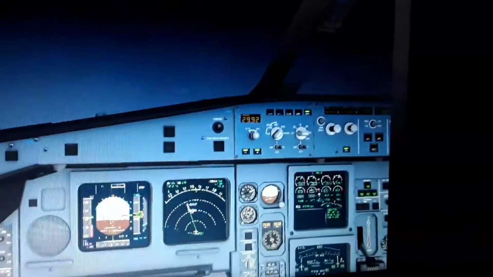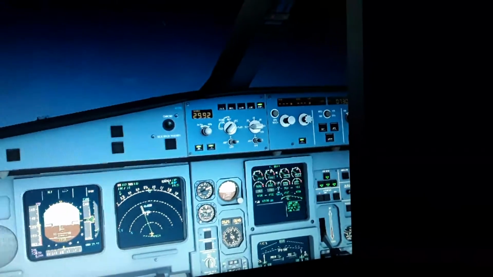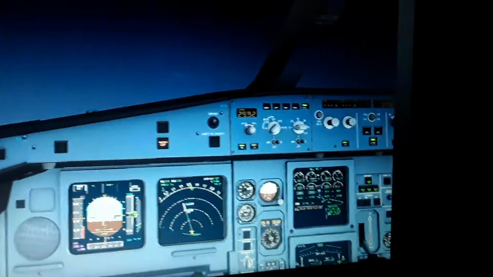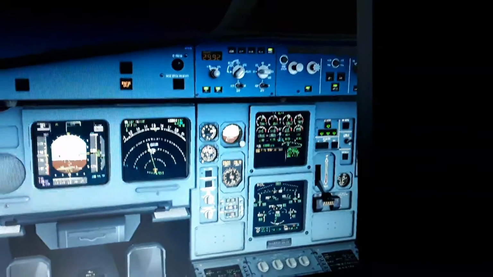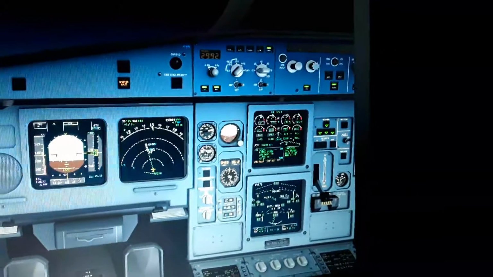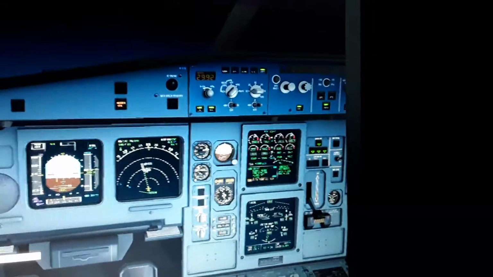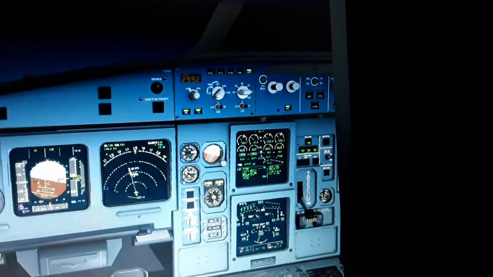Use maybe flaps full. Use a little bit more thrust. We have some clouds right now.